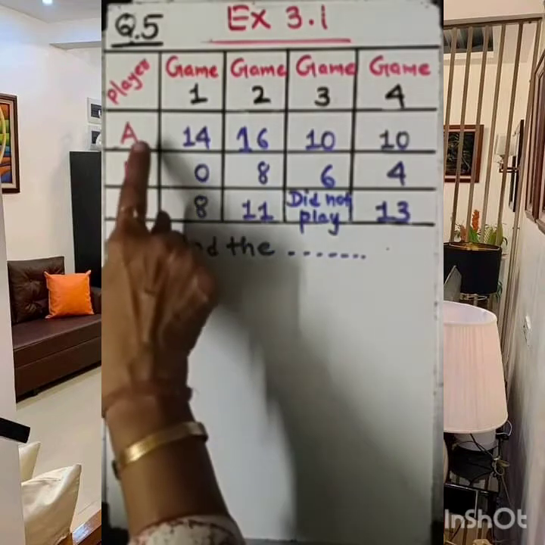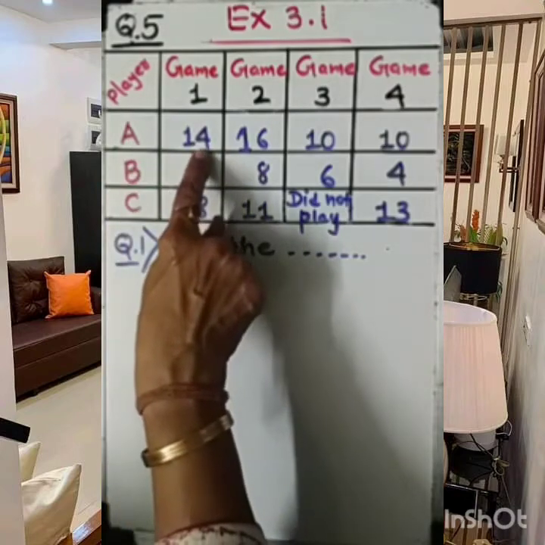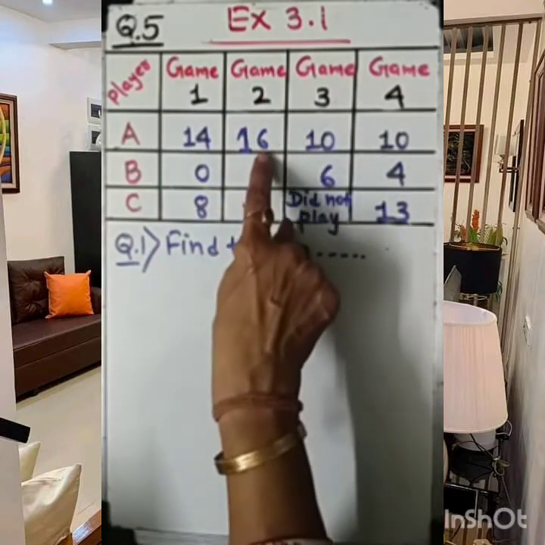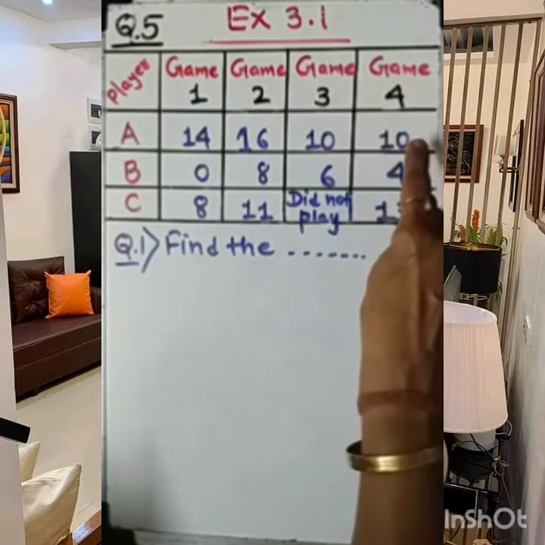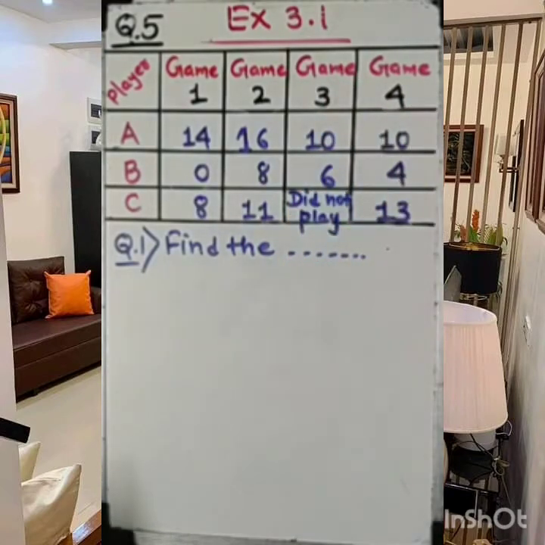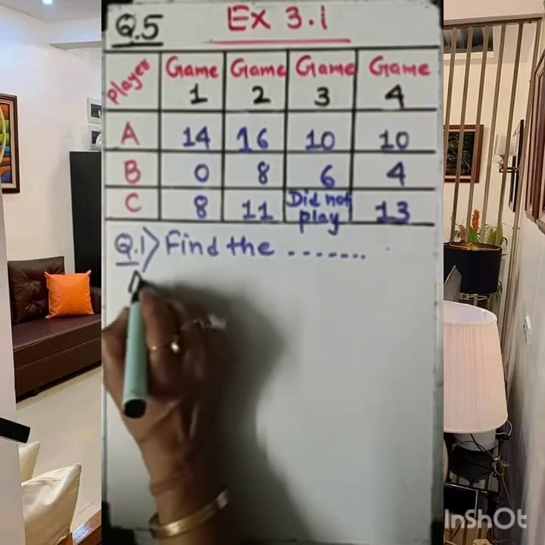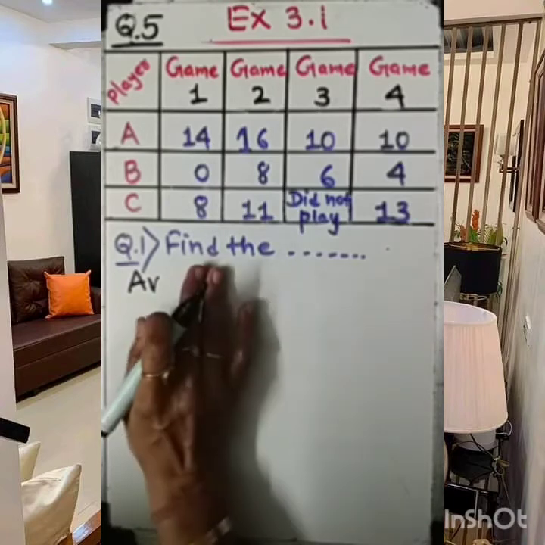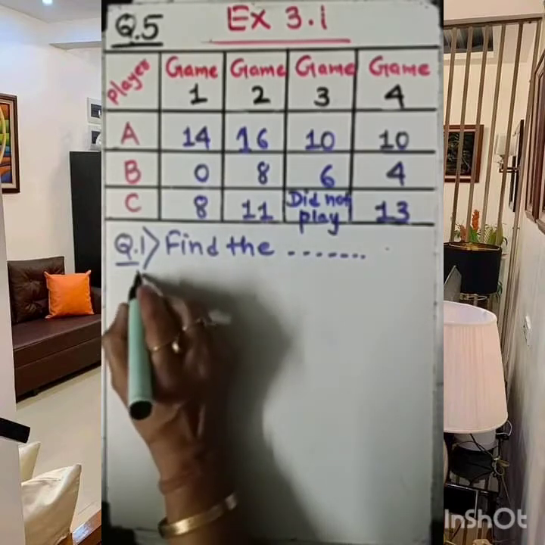What is the average number of player A? In game 1, 14, game 2, 16, game 3, 10, and game 4 also 10. Let's find the average points. Mean or average, same thing, so you can mention mean also.